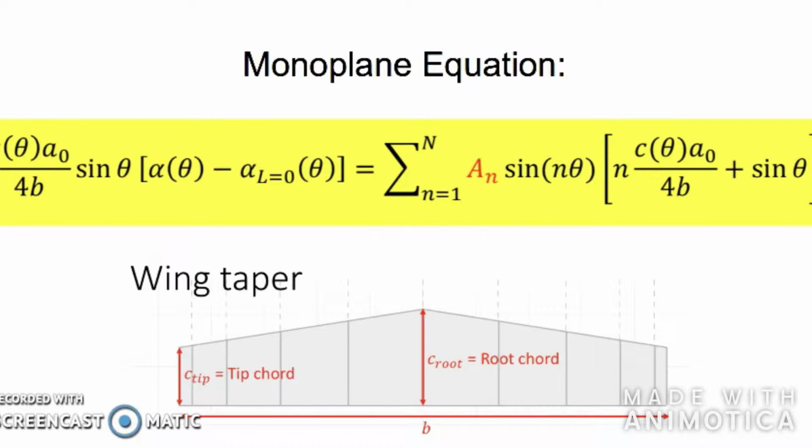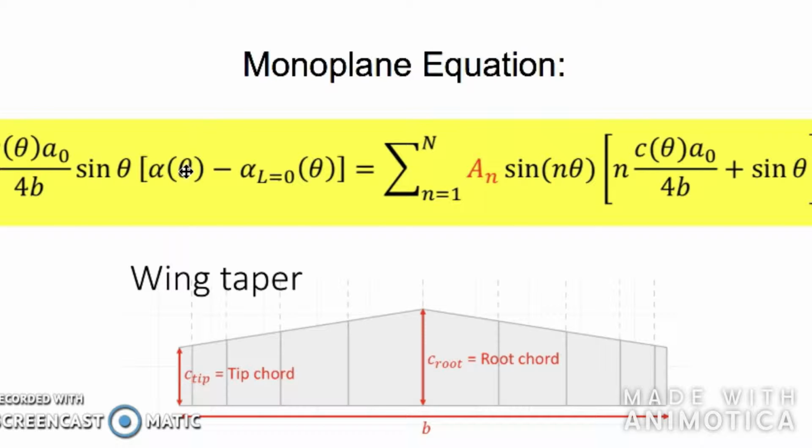The equation used in our case is the monoplane equation. The monoplane equation intervenes in the study of aerodynamic properties of generally shaped wings that have a finite span in the lifting line theory, a commonly used theory that approximates the wing as an infinite number of horseshoe-shaped vortices along the lifting line.